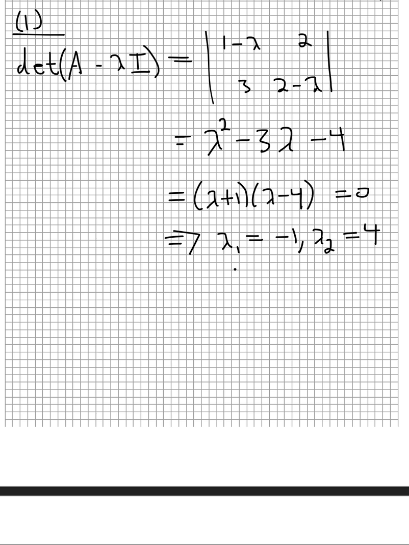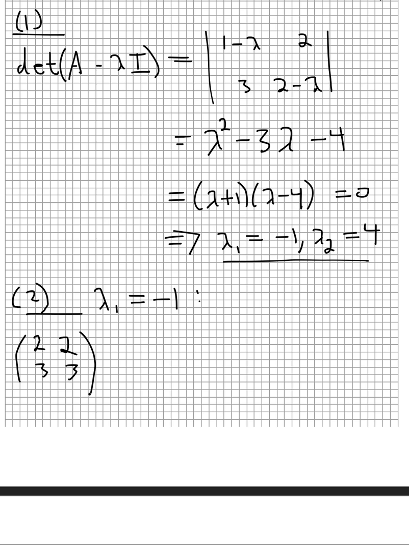Perfect. So with that said, now we move into our second step, which is to determine the eigenvectors for each of these eigenvalues. So now that we found eigenvalues, now we need to find eigenvectors. Second step. So let's go ahead and start with the case where lambda 1 equals negative 1. That's our first case. So the matrix that we obtain is 2, 2, 3, and 3.